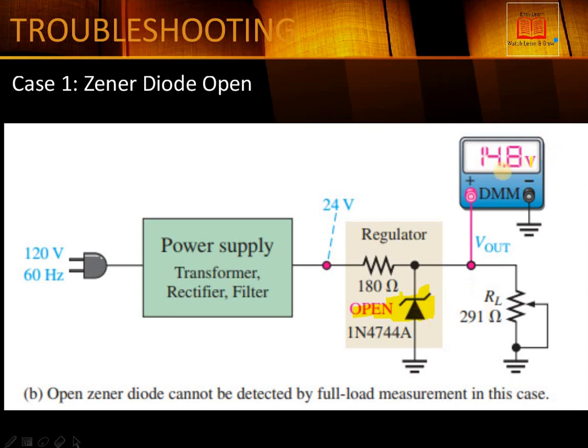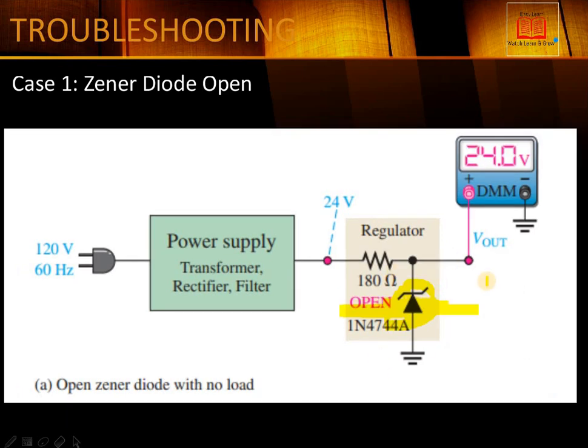So that's why it does not create a huge change in the voltage. But remember, in this type of situation, we cannot identify the fault. This is a very critical fault. If you want to identify this type of fault, it can only be identified as an open circuit fault at no load operating condition, as in the previous slide.